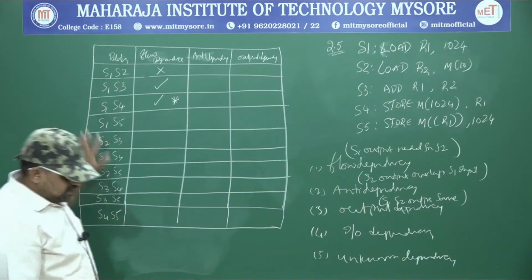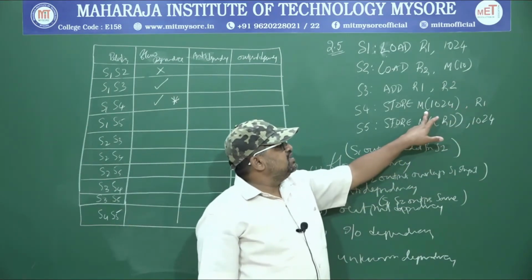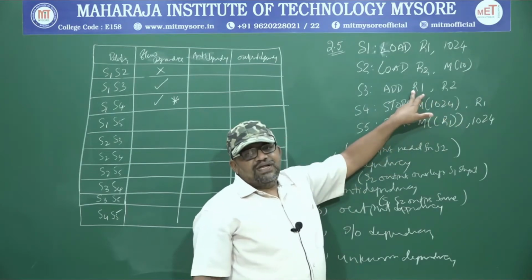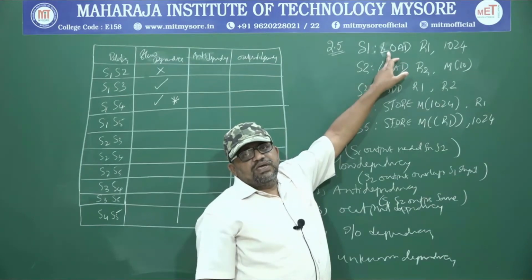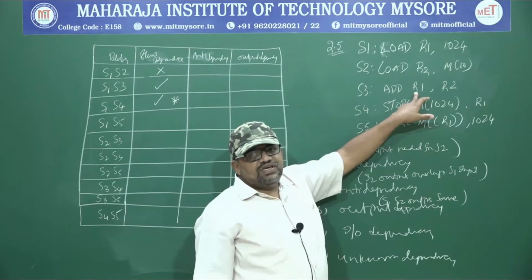What is the star mark here? Because you are moving the contents of register R1 to a memory location, but the value of register R1 is updated somewhere in the previous instruction, right? Probably this may not be needed here, even though the output is R1, because that value gets updated somewhere here.